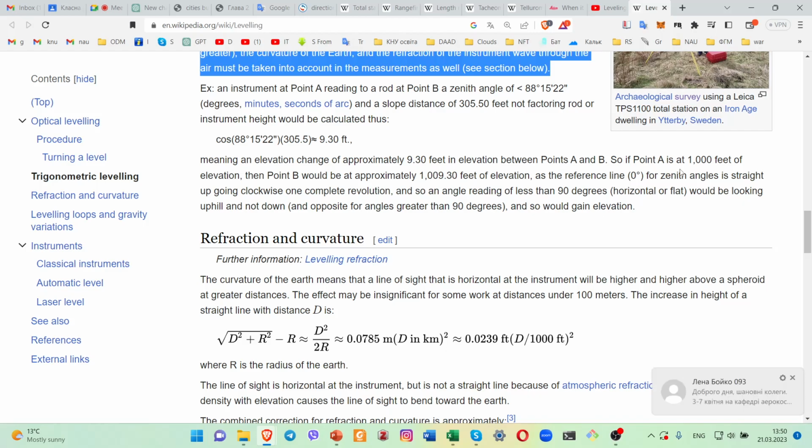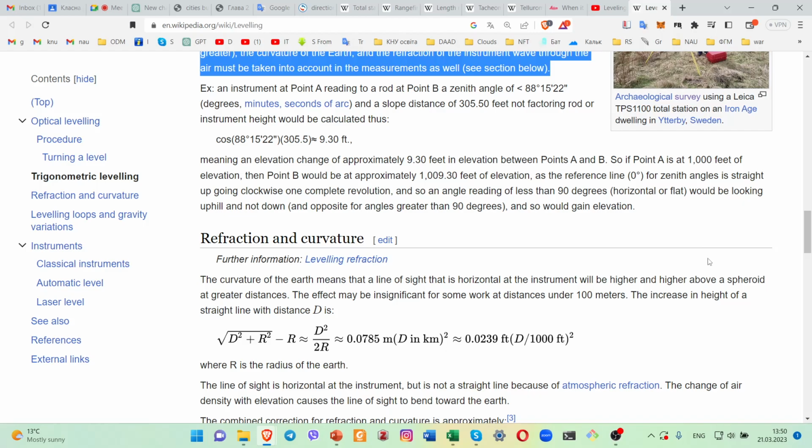So if point A is at 1000 feet of elevation, then point B would be approximately 1009.30 feet of elevation.